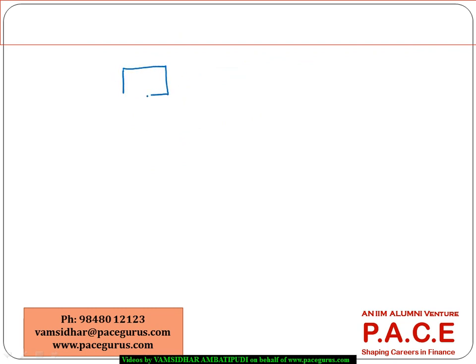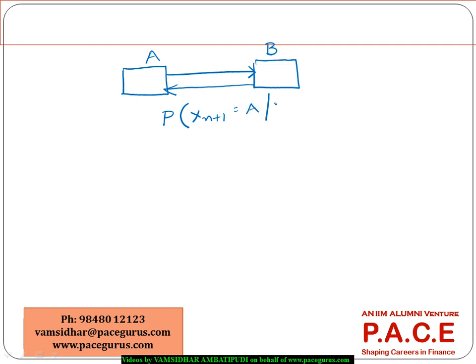Let's say we talk about two states A and B. Now let's say a process has come from state A to state B and immediately it is going away from state B to state A. Now, if at all the probability of Xn+1 being in state A, given that Xn is in state B, is 1, which means in the next transition it goes to state A from state B, it will not be retained in state B at all.